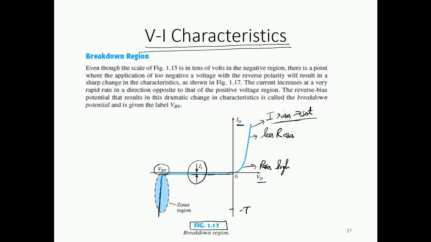This is your negative current, this is your negative voltage. This is going to be a sharp fall, and after that our diode will get damaged. This is sometimes known as the Zener region, which we'll see later. So this is our breakdown voltage that happens in the reverse bias condition, and this is our forward bias condition, which we are mostly interested in.